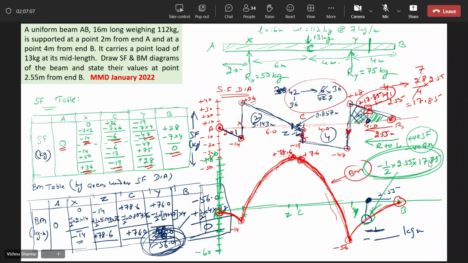Now you'll have to review this question today after the class and based on your individual needs, let me know tomorrow if there is any concern in this particular question, either shaping the BM curve or getting the BM. If somebody wants to do it again by taking another point at 2.55 meters, you can try that way also, you'll get the same answers. I'm open to it. You can do it whichever way comforts you.